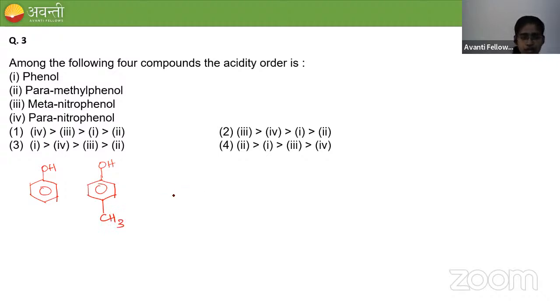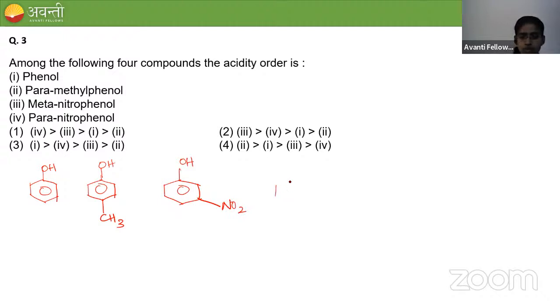And metanitrophenol. So draw the phenol again. And in the meta position, you have to attach one nitro group. What is meta position? Meta position is the alternative position to this group. So which is alternative to this? And this position is alternative to this OH. And you have to attach NO2 here. And this is metanitrophenol.